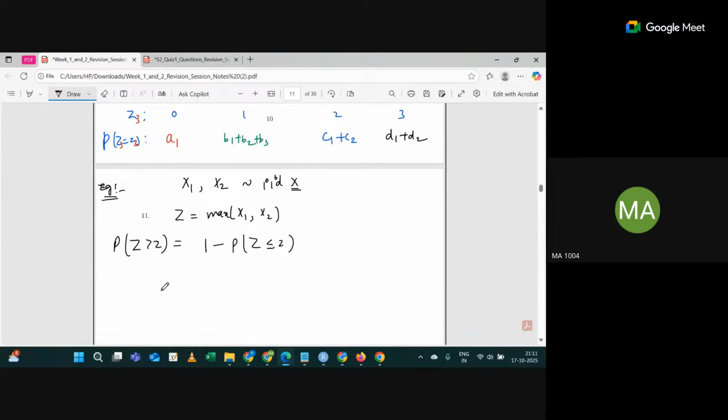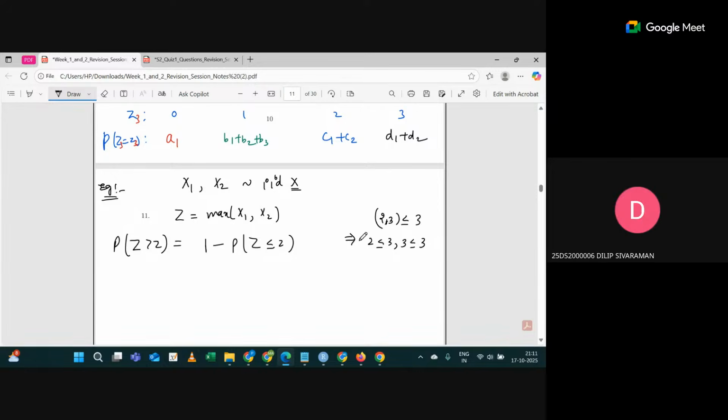First of all, suppose I'm saying the maximum of 2 comma 3 is less or equal to 3. If this is the case, can I say 2 is less or equal to 3 and 3 is less or equal to 3? Yes.